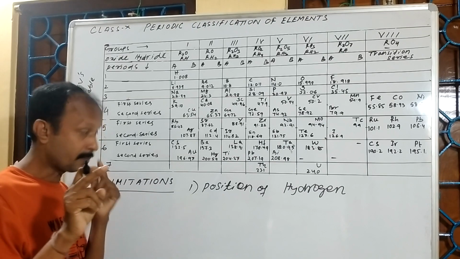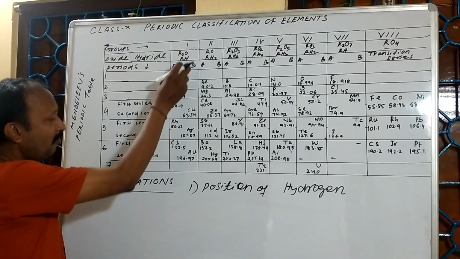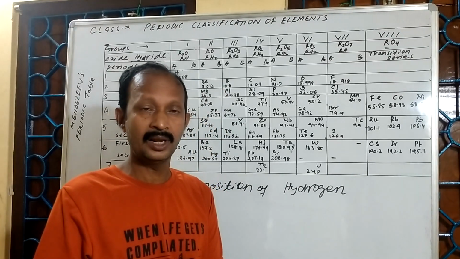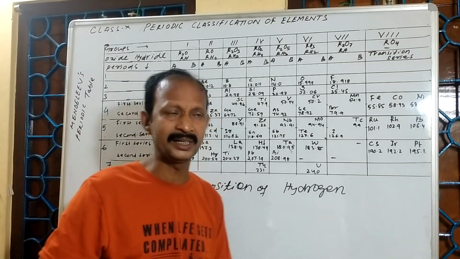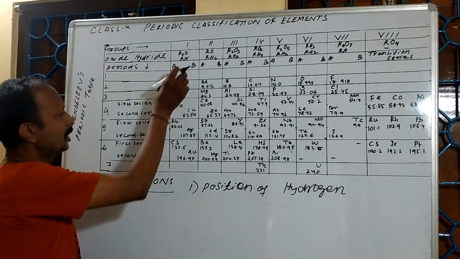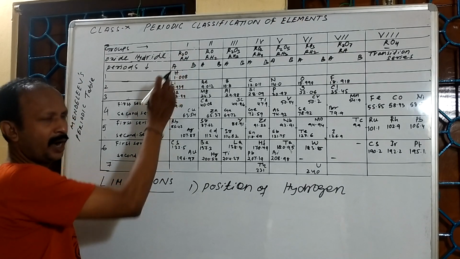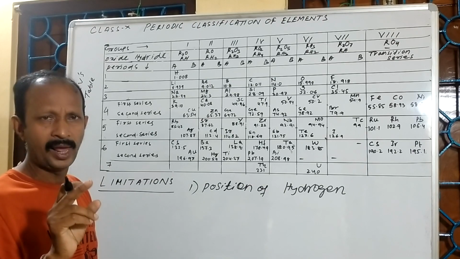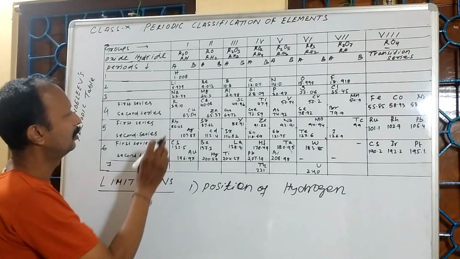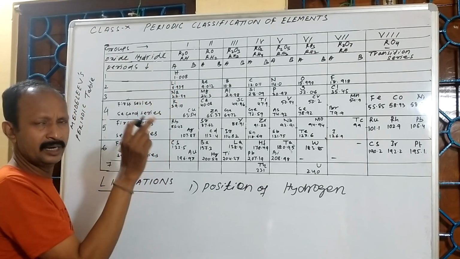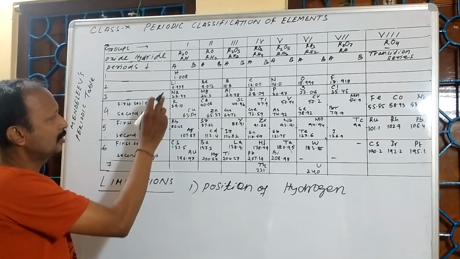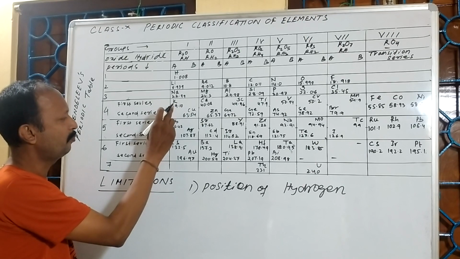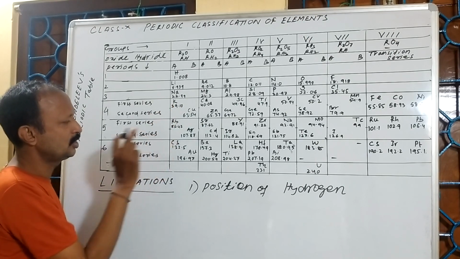The elements present in the first group, the alkali metals, I explained earlier what alkali metals are. The valence of hydrogen is 1, which is equal to the valence of the other elements, the alkali metals, like sodium, potassium, rubidium, cesium.